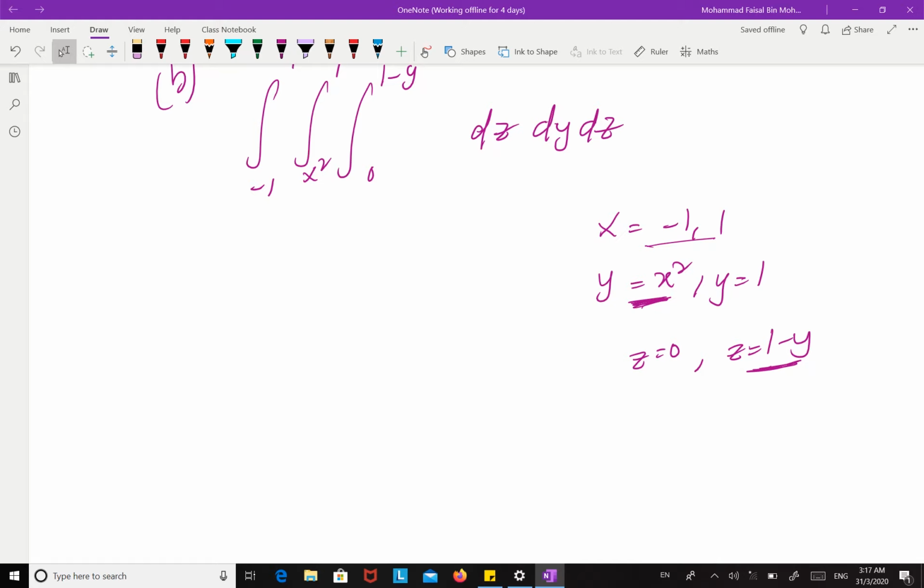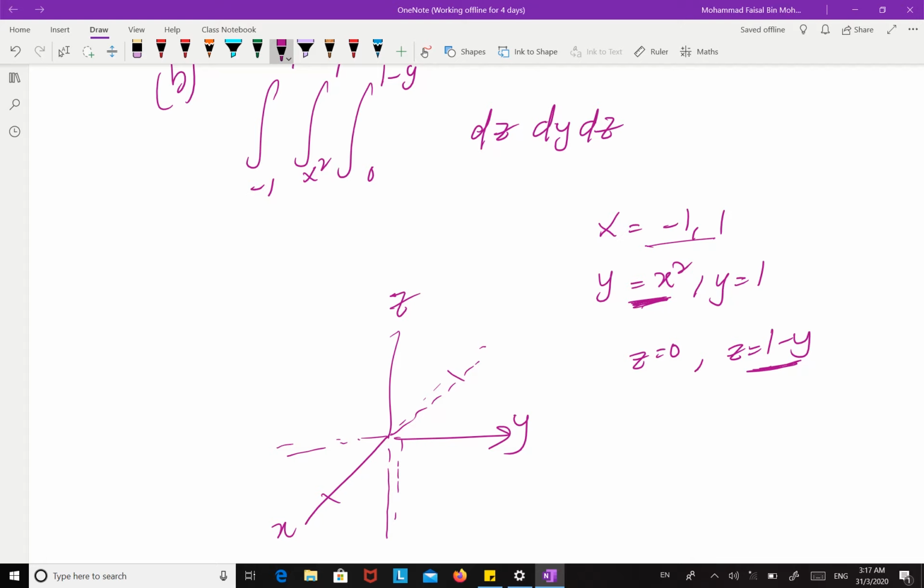So let us draw 3D. Okay, this is z, this is y, this is x. Okay, negative x, negative y, negative z. So x is 1, negative 1. Let's say I choose here 1 and negative 1, just take a bigger size.